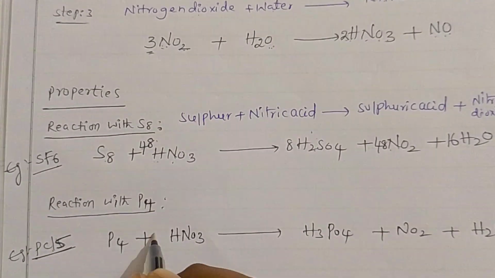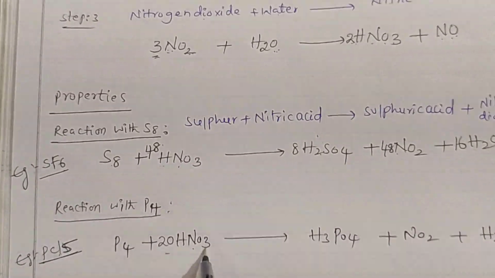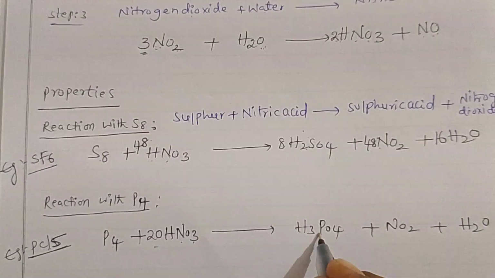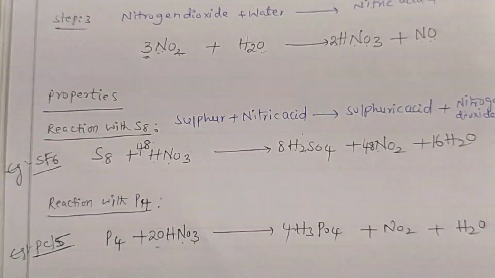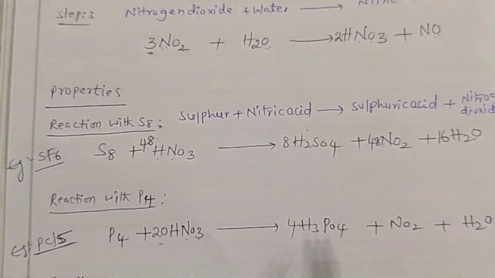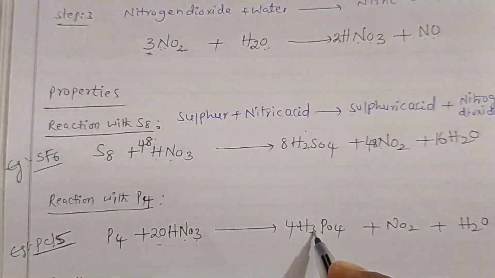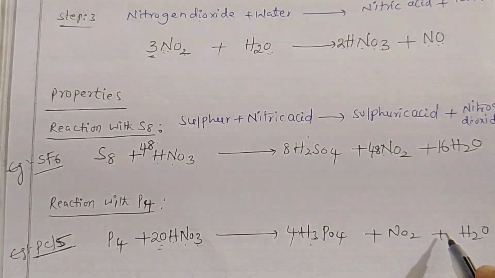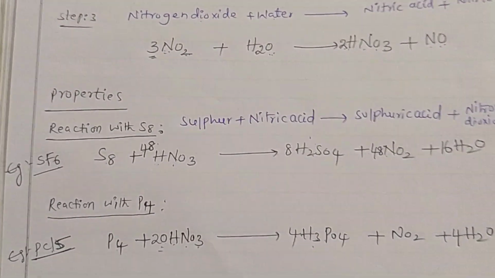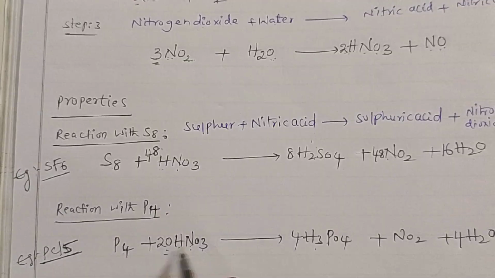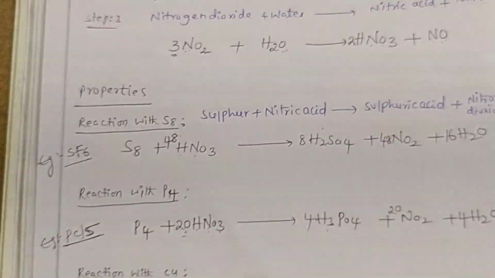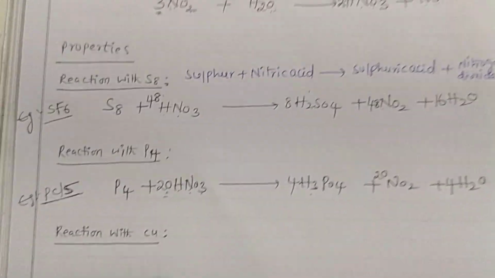So 4 fives are 20. 20 is the coefficient for HNO3. How many phosphorus here? 4. Here only 1, right? 4 phosphorus atoms. Then how many hydrogens are consumed? 4 threes are 12. 20 minus 12, 8, right? So here 4. Then total nitrogens are not utilized, so 20 NO2. So it is a balanced equation.